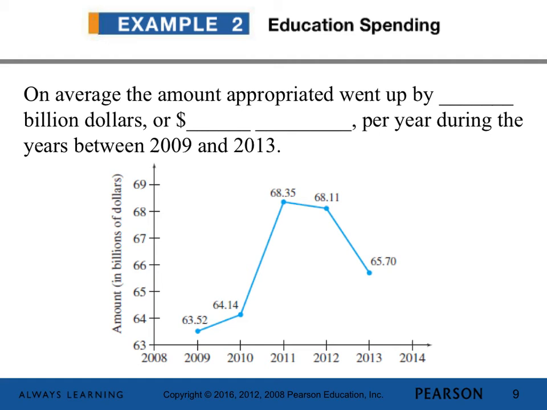So on the average, the amount appropriated went up by $5.45 billion, excuse me, 0.545.